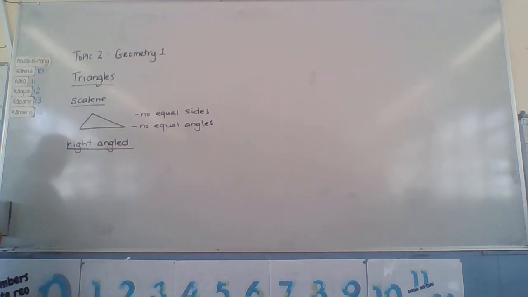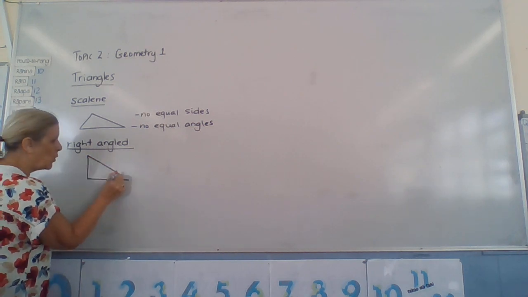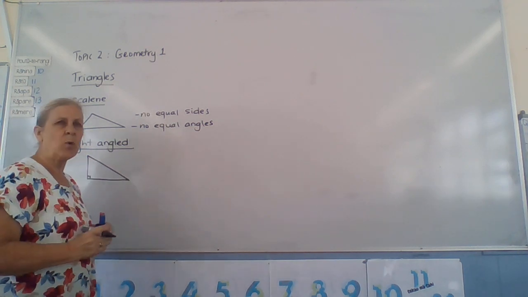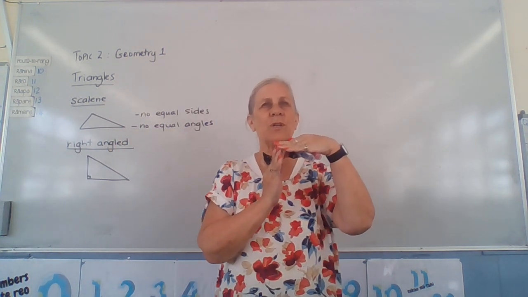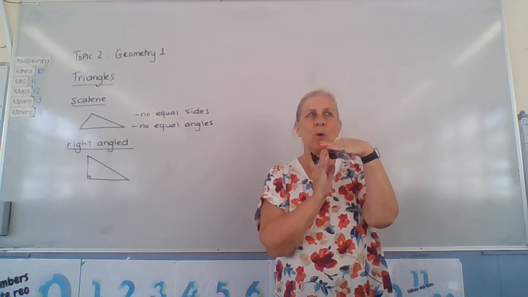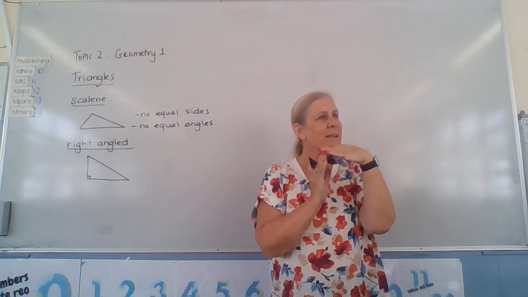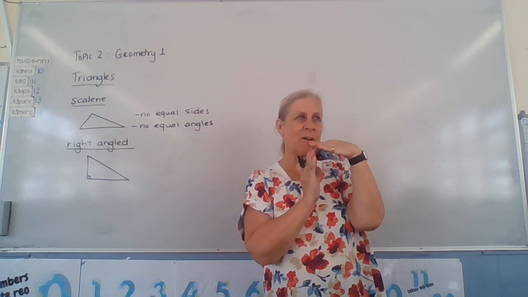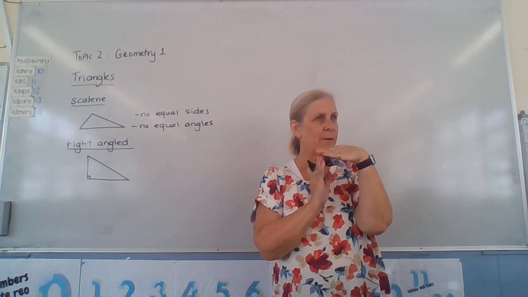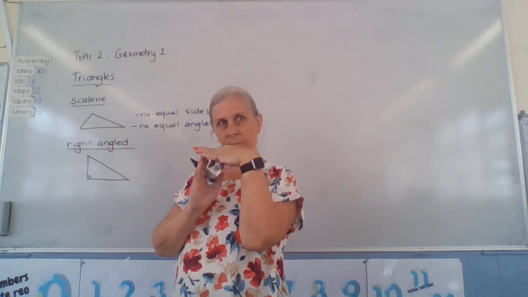All right, so a right angled triangle has two sides that are at a right angle. What are things that are at a right angle called? Do you know the word for at a right angle? No, at a right angle has a special word. Perpendicular.